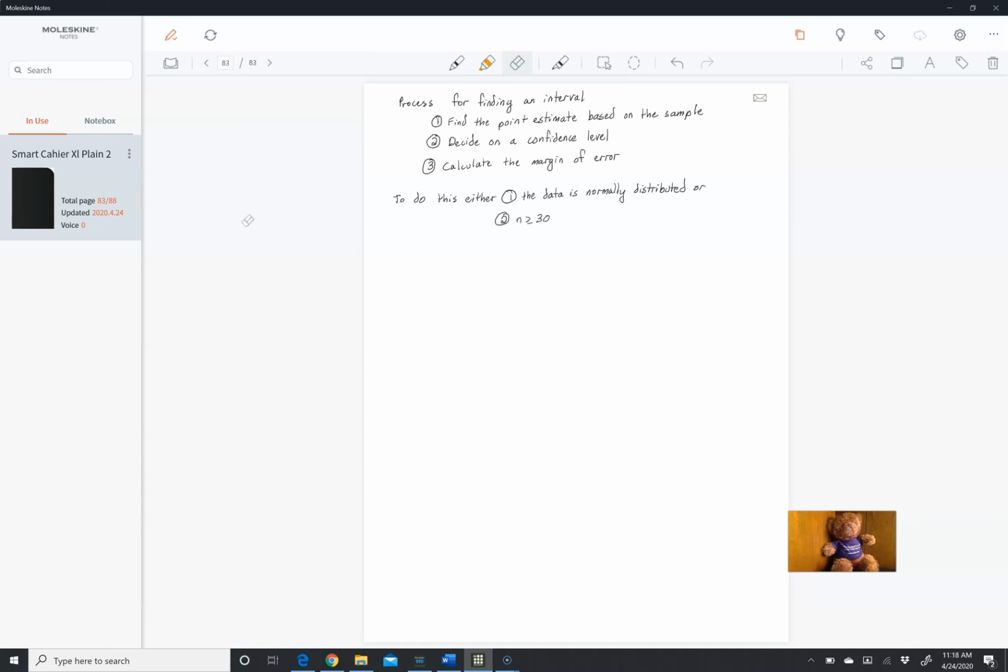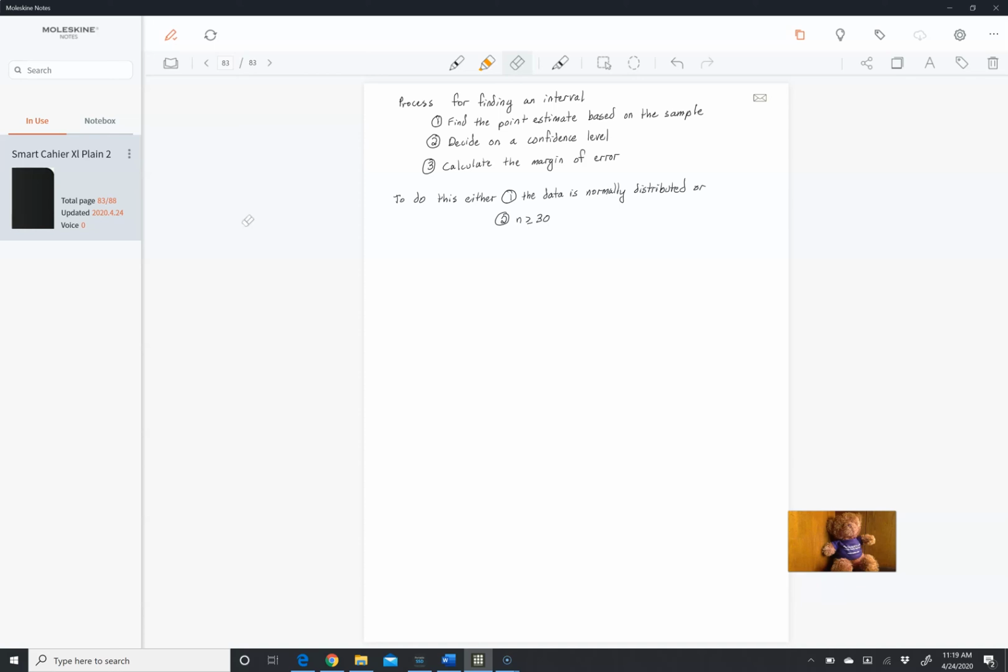Okay, remember n is the sample size. When n is greater than or equal to 30, it approximates a normal distribution, okay? Again, the bigger the sample, the better, because the more closely it fits with a normal distribution, or it's already normally distributed, so it doesn't matter, okay?